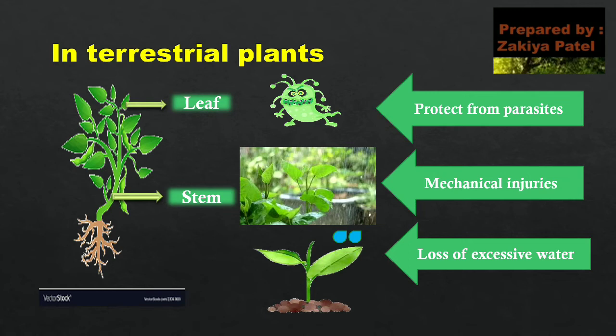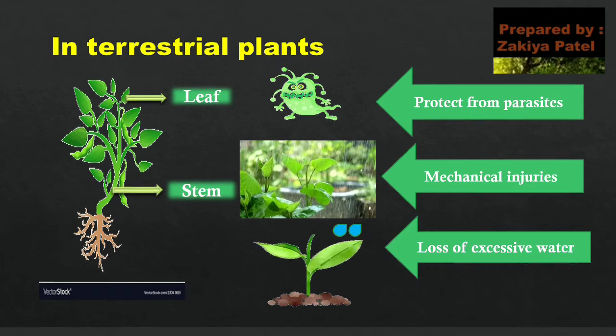Now in terrestrial plants we have talked about the aerial parts, that is leaf and stem. Now we will talk about the roots, that is, which kind of protective tissue is present in roots of the plant. So let's take a look at the roots of the plant.